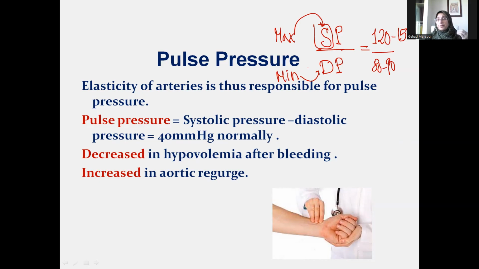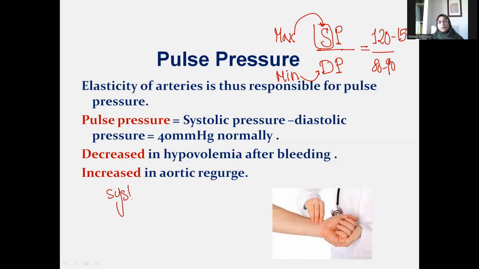So you should be very precise and focused and understand the question well. Am I asking about the definition of systemic blood pressure in general, or am I asking about systolic blood pressure? Am I asking about diastolic blood pressure, or about systolic hypertension and diastolic hypertension? So here we have several definitions.